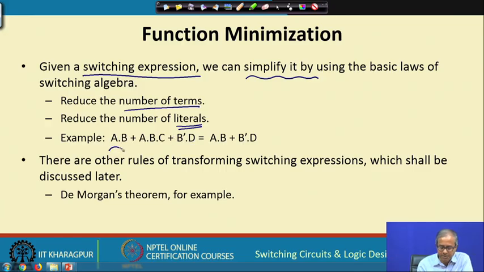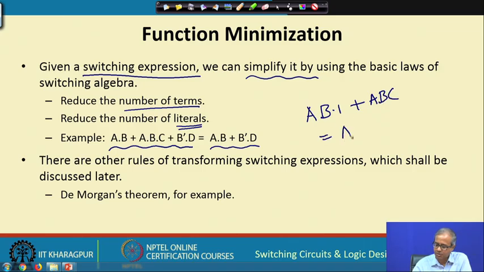This is an example; if you minimize it, it becomes A B, because if you take A B common, it becomes 1 plus C, and 1 plus C means 1, and A B and 1 is A B. So, it just becomes A B.